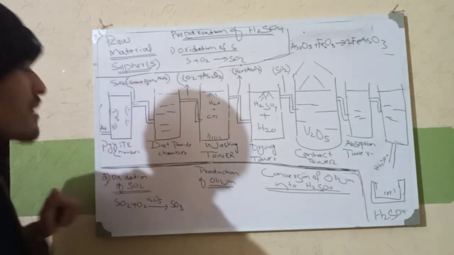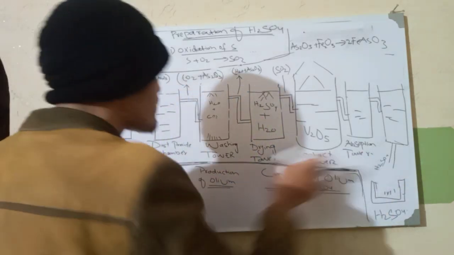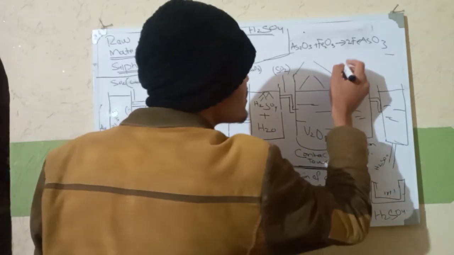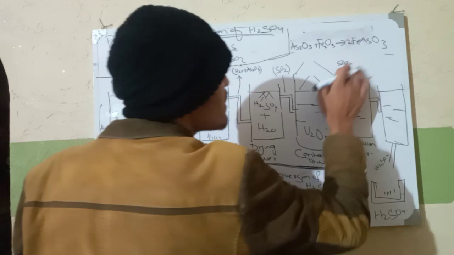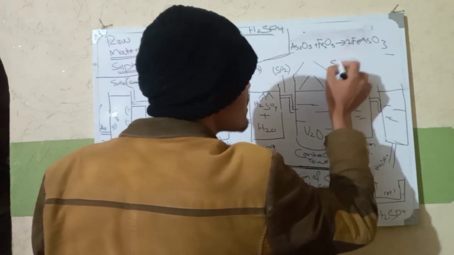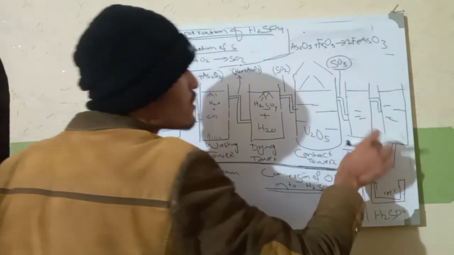In the next step, oleum is produced in the absorption tower. Sulfur trioxide is produced in the contact tower, and it then enters the absorption tower.